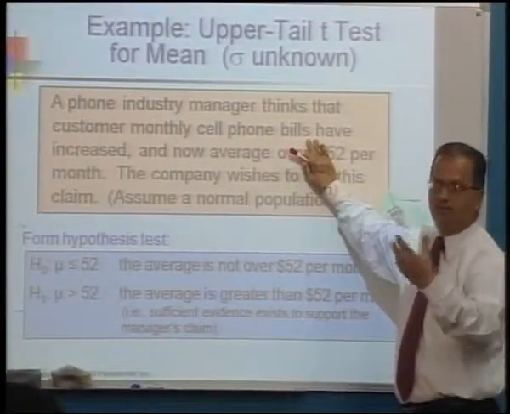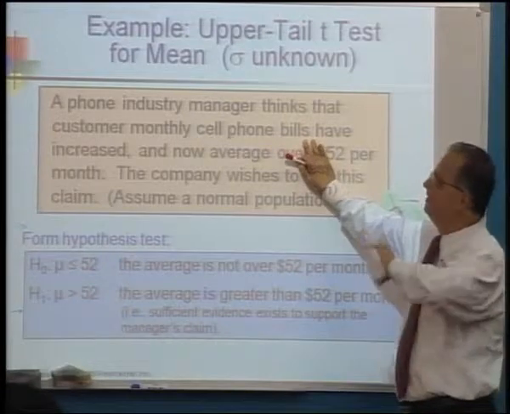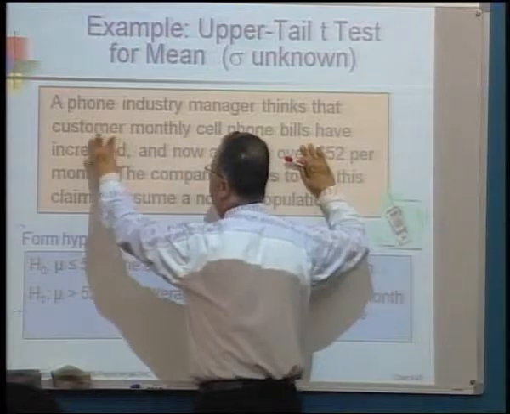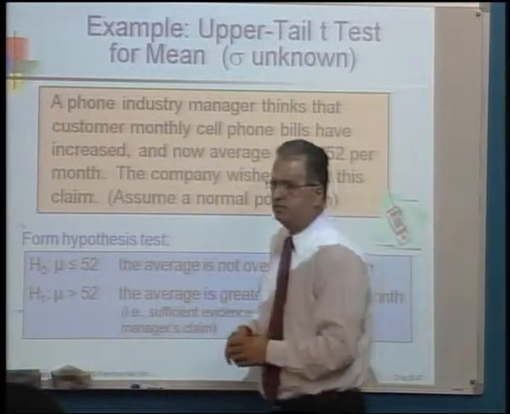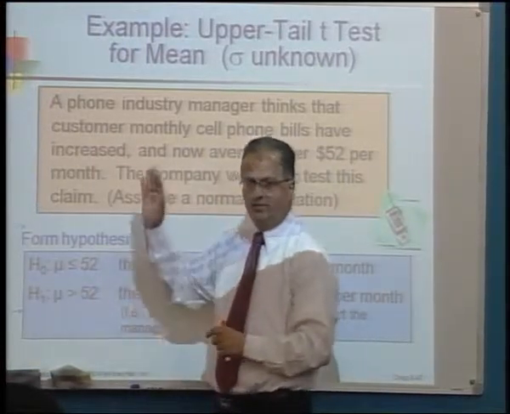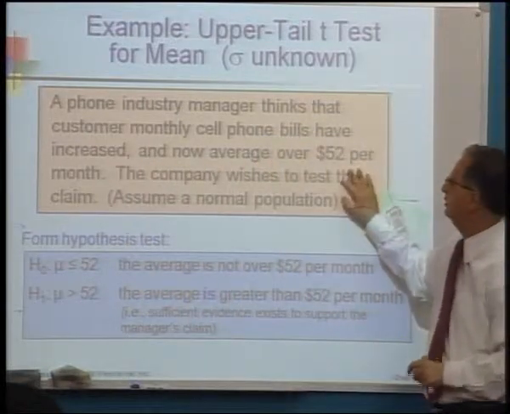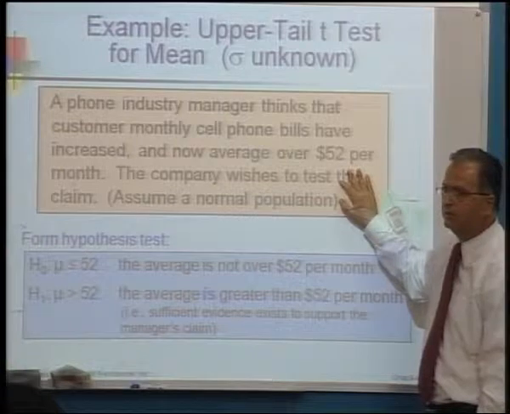So he thought that the bills have increased. Now, by using this statement, we can figure out the alternative hypothesis. It's an upper tail test. And now, the average is over $52 per month.